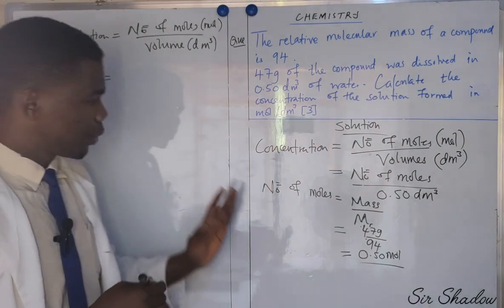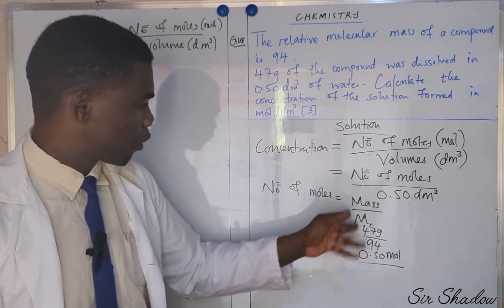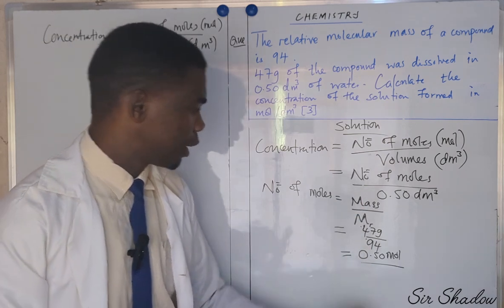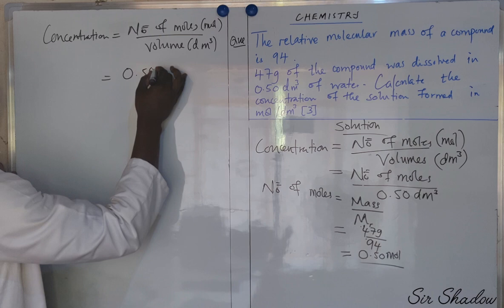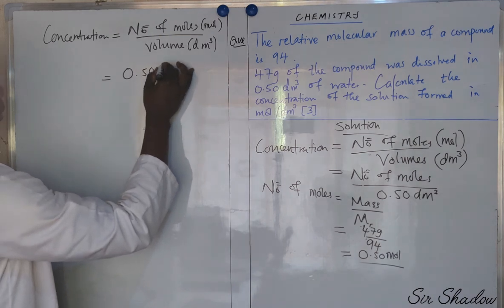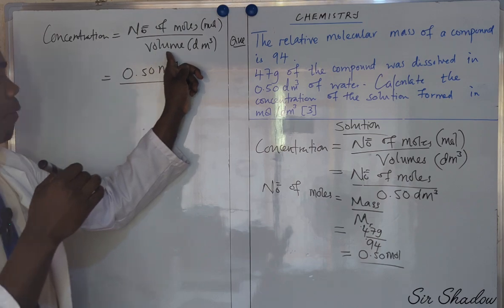How many number of moles do we have? We managed to calculate the number of moles here. The number of moles is mass over Mr., which is 47 over 94. This gives us 0.50 moles, over. So now, what's the volume here?